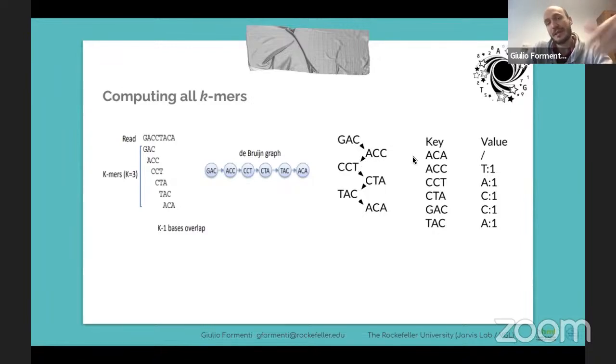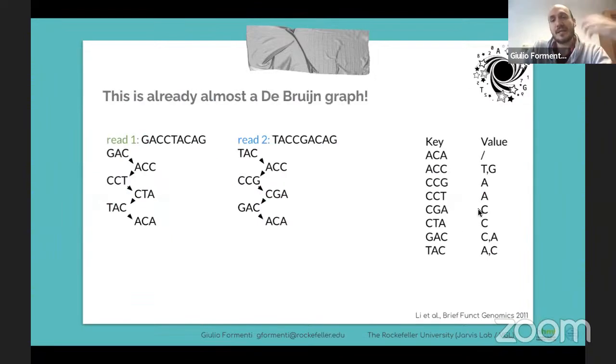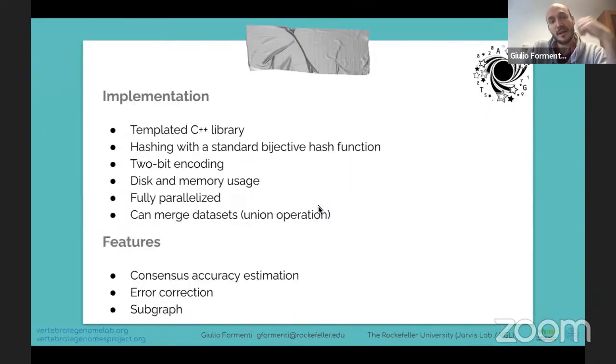Okay. And then, this is typically stored in a table, like the one you can see here. And then we can use this table to assess the quality of the genome. So as we add the reads, the table becomes more complex because it contains more information about the graph topology. And then we can use this information to evaluate the genome.